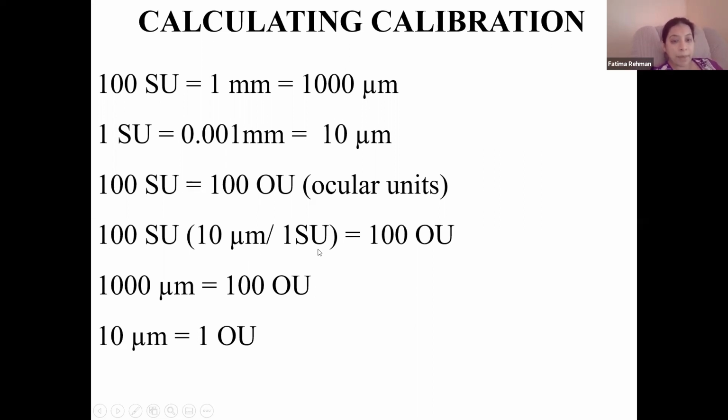I multiply by that conversion factor. The stage units are going to get canceled out, and you will get 1,000 microns is equal to 100 ocular units. And then, same way as we did up here, we divide both sides by 100 so that we can find out what each ocular unit is going to equal. And in this case, it is going to equal 10 micrometer.